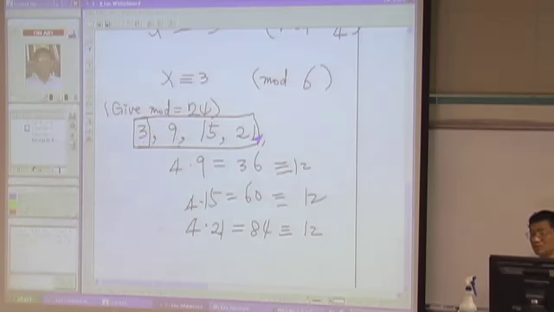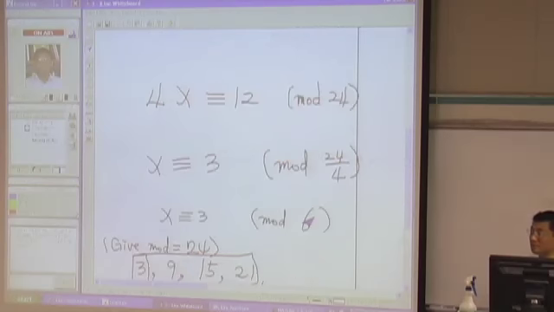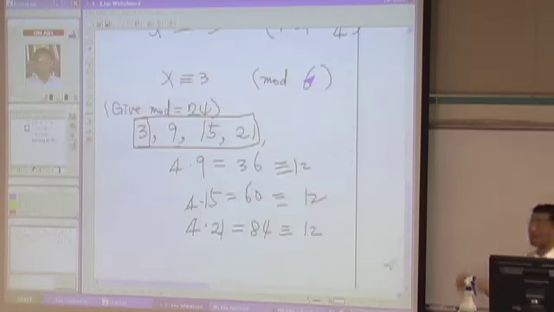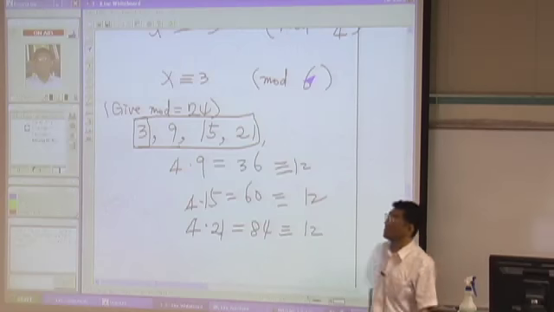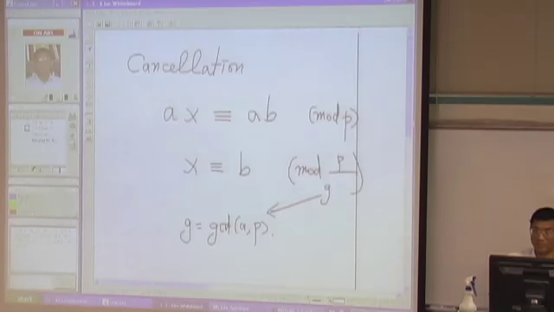But in addition to this, there is a penalty for not using the cancellation rule. So at most, like 20% you can get if you write just 3. Do you follow me? If you write just 3, you will get only 20% of the score for that problem.